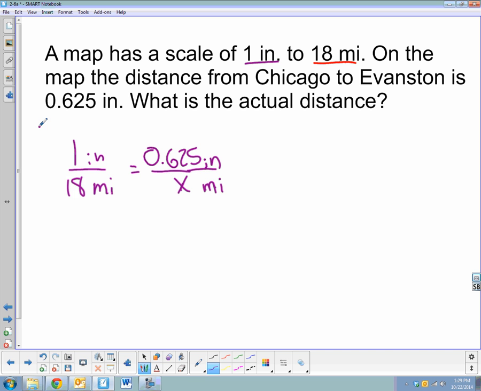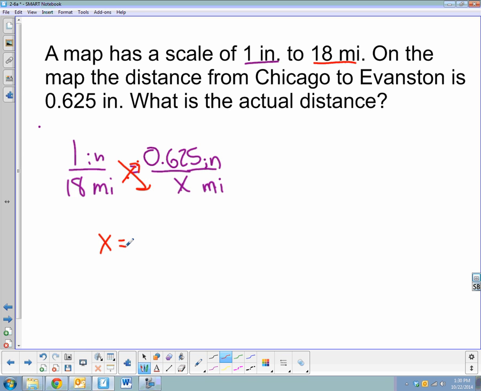I have a proportion. I can solve this proportion. So I'm going to cross multiply here. Now again, you could certainly try and figure out another way of comparing these equivalent ratios, but cross multiplying is probably going to be the simplest way to do it. So 1 times x, that's easy, that's just x.